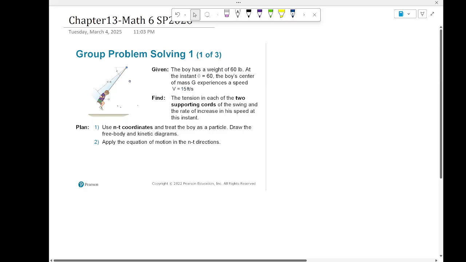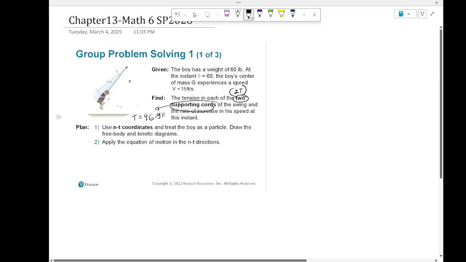So the value would be, it just says two supporting chords, right? So the value would be one chord, that means it's 2T here. So the tension value would be, oh, there's another thing to notice here.